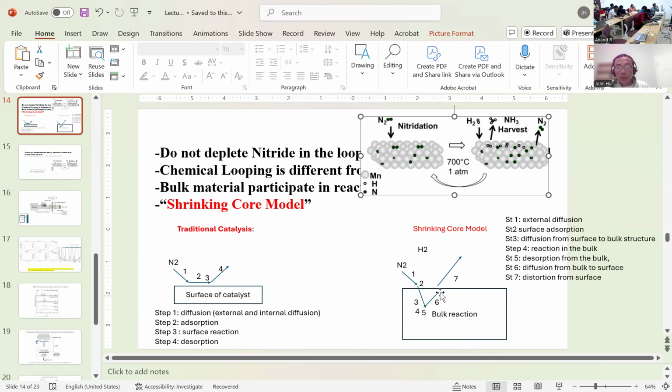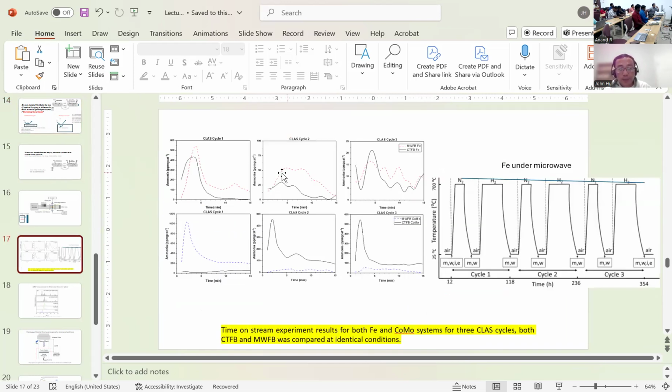They are changing from cycle to cycle, because if any one step becomes difficult, which means the structure changed, then you will see a peak. You see one peak, and then two peaks and three peaks, because microwave is selective heating, and they try to push out as much ammonia as possible. So that's why they keep on coming out. The more coming out, the more the structure collapses. That's why, from an engineering solution point of view, when we run this, we probably don't want to see three peaks.